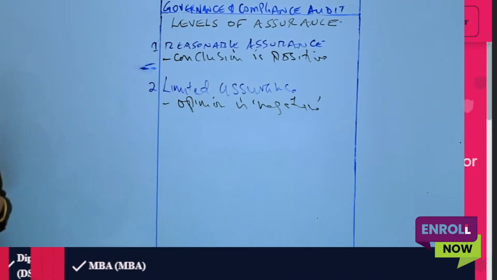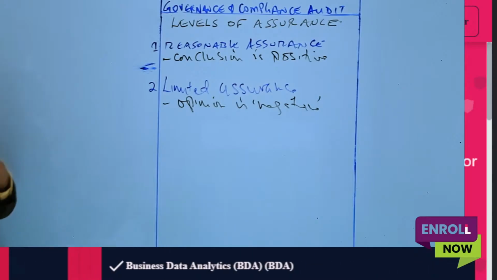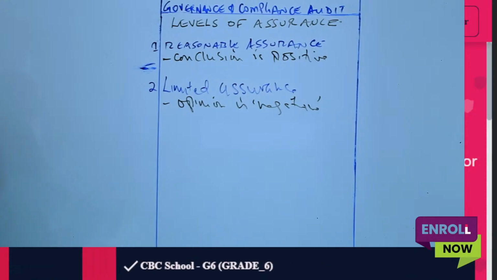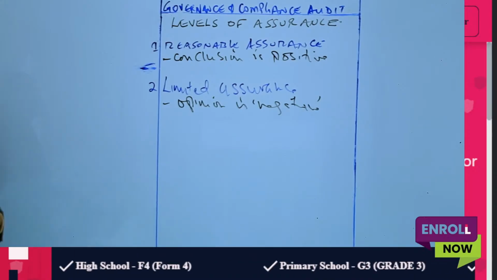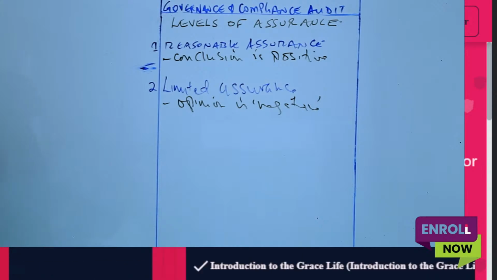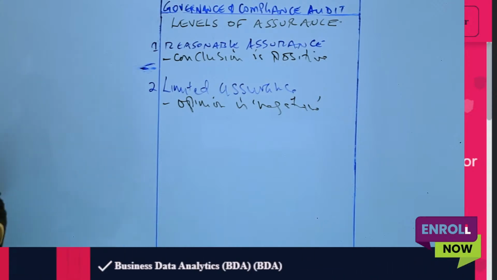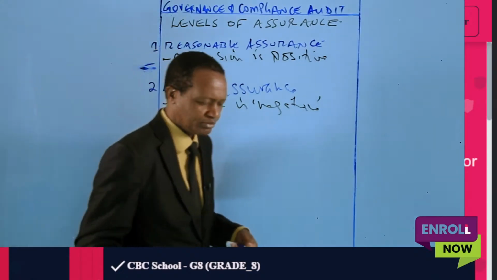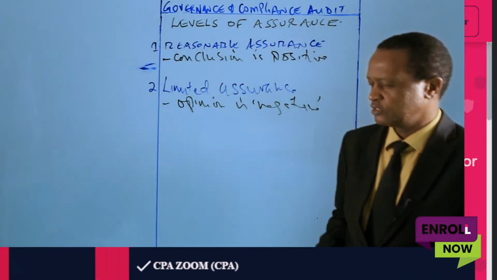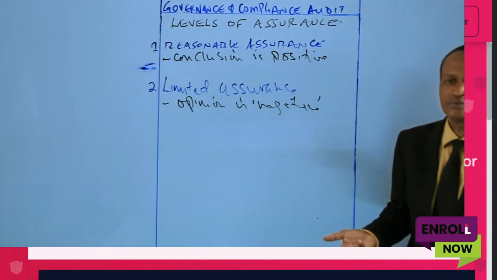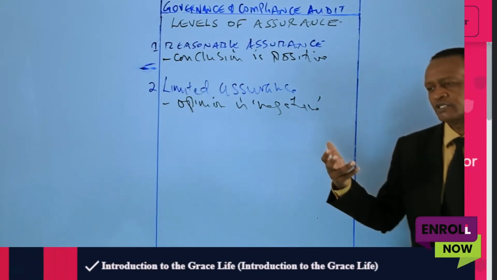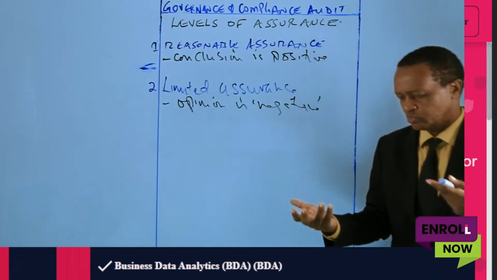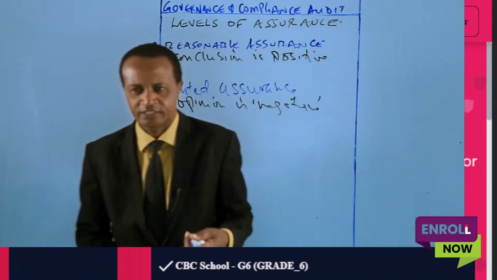Or when a quick or cost-effective review is needed. It can also be a good starting point for a new audit area or an immature compliance program. And examples of limited assurance could be a review of an organization's, say, environmental and social activities.